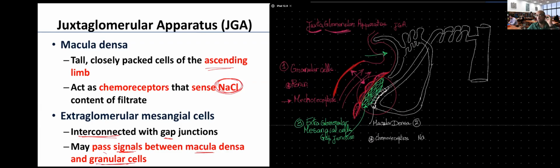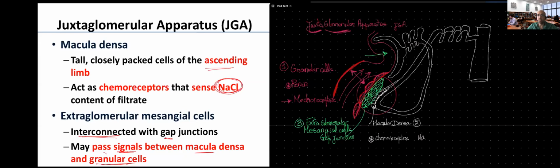So again, the kidney is going to hate it if you get exposed to a state of low blood pressure. So it's going to be trying to increase your blood pressure whenever you have a drop in the blood pressure. So what part of the kidney exactly is going to be responsible to regulate my blood pressure? It's going to be the juxtaglomerular apparatus.